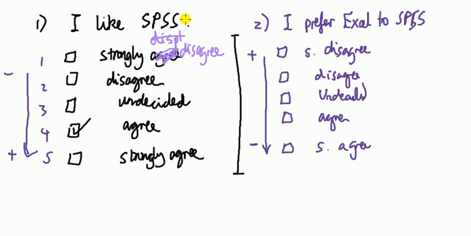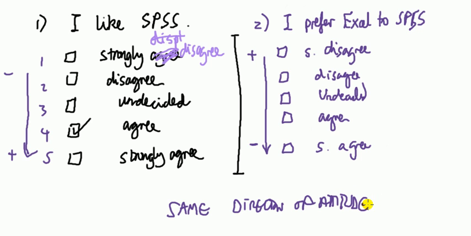So we've got to get everything to be in terms of measuring degrees of positive attitude to SPSS in the same direction. In other words, the further down you go, the more positive is your attitude towards SPSS. So we want the questions to be measuring the same direction of attitude to SPSS.